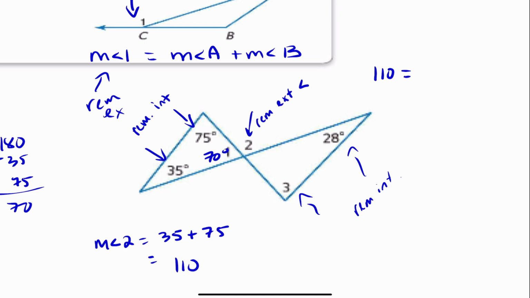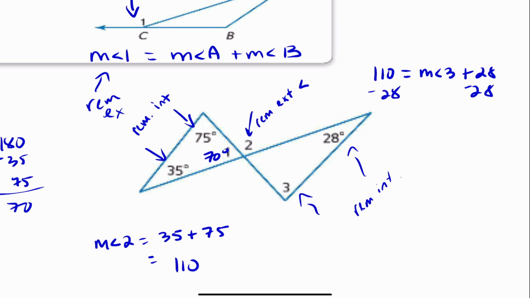So basically I can just do this. I have the measure of angle 3 and 28 degrees, which is equal to 110 right here. So I can set this up as an algebraic equation: 110 is equal to the measure of angle 3 plus 28.